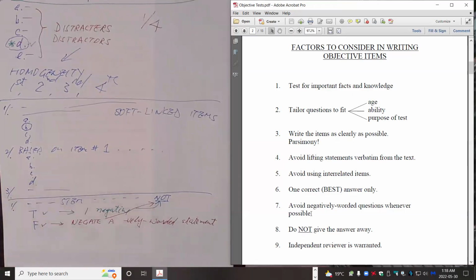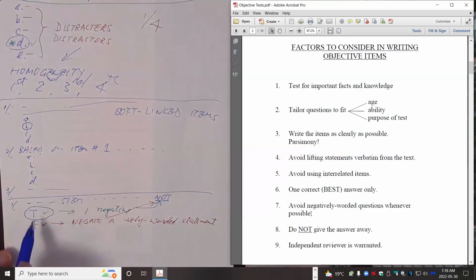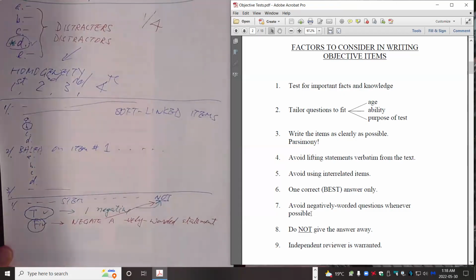So compare the two here: if the answer is true, it is more reliable than if the answer is false. Same item. You understand what I mean?